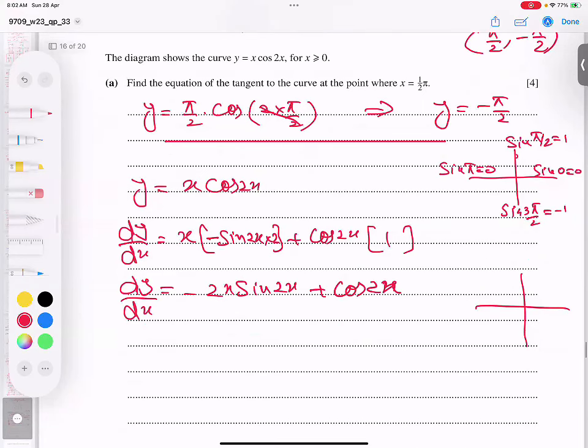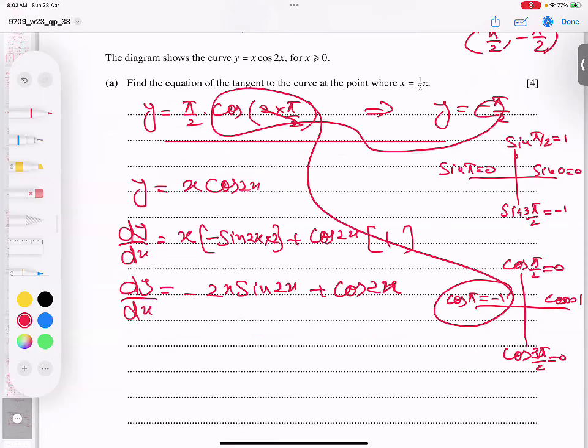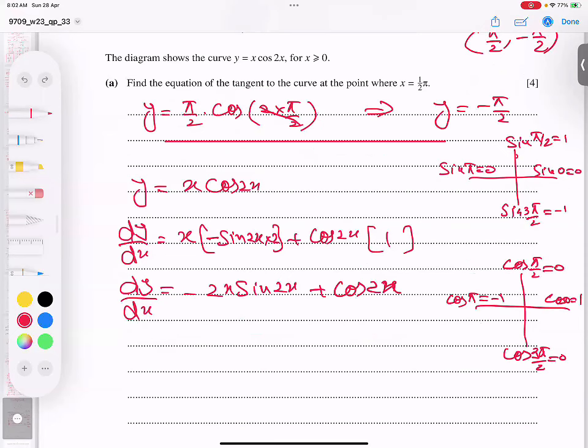Don't forget it. And cos is totally opposite. Cos pi by 2 gives 0, and cos 3 pi by 2 gives 0. But cos on the right side is 1 and cos on the left side gives you -1. That is why you see I kept -1 here. So I hope, students, this is very clear.